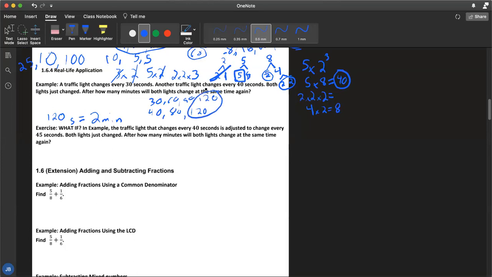All right, Jerry, you want to try the second one? What if, for example, the traffic light that changes every 40 seconds is adjusted to change every 45 seconds? Both lights just changed. After how many minutes will both lights change at the same time again? Go ahead, Jerry. 1.5 minutes. So you got 1.5. I did this with seconds first.